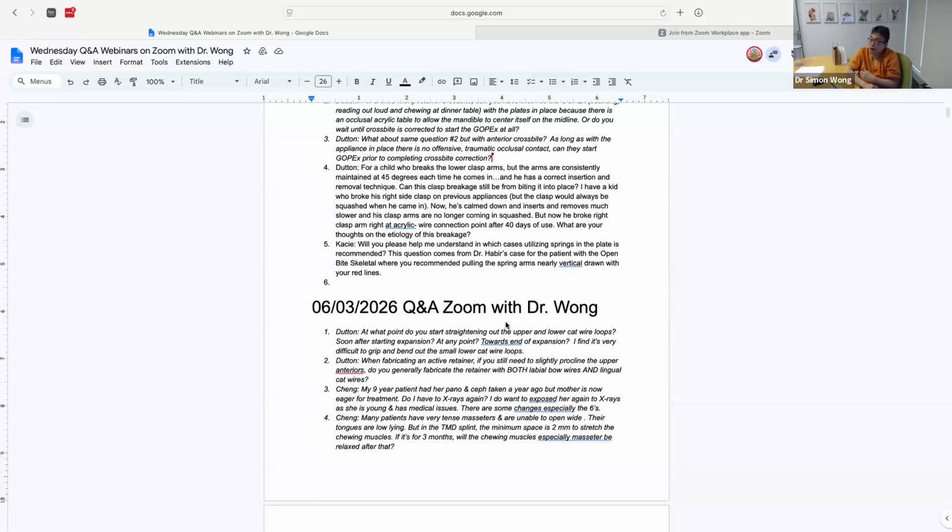The springs can actually intrude the 6-year-old molars a significant degree, often almost to the point where you can submerge the crown.